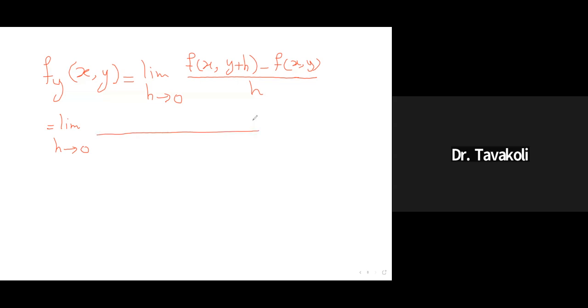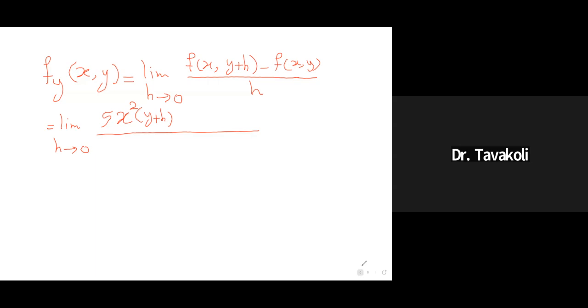What was the definition of the function? Function f of x and y was 5 times the first coordinate squared times the second coordinate. So f of x and y plus h will be 5 times x squared times the second coordinate, y plus h. Let me repeat.